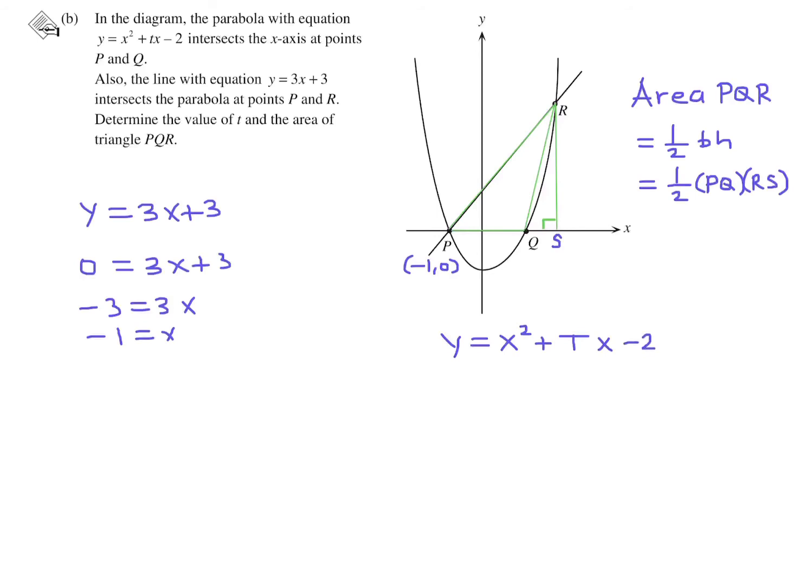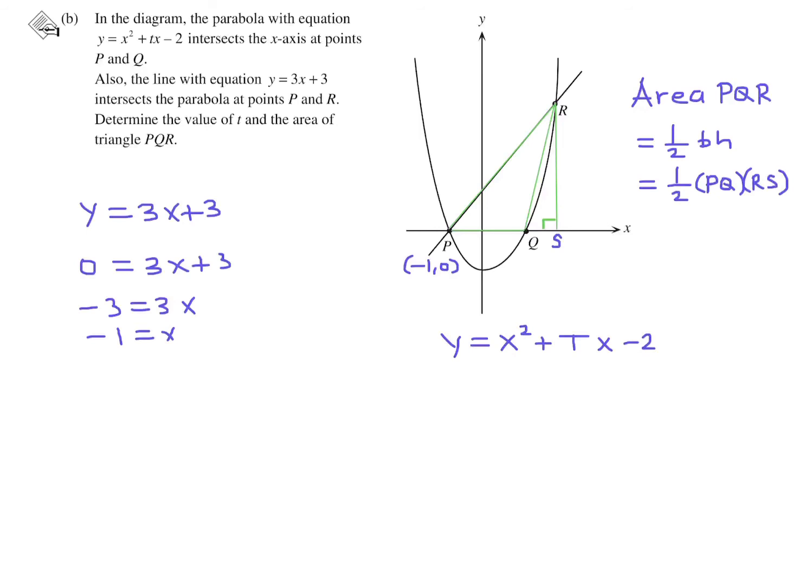So we have to somehow figure out t, right? The good news is that this line and this parabola intersect, and this point of intersection we just figured out, minus 1, 0. So that must mean that minus 1, 0 is a point on that parabola.